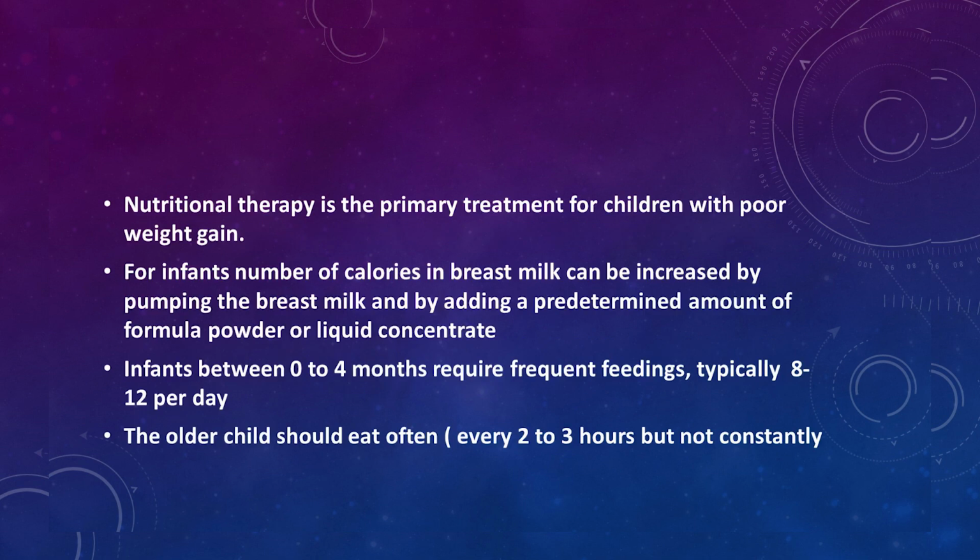Nutritional therapy is the primary treatment for children with poor weight gain. The main cause of underweight is malnutrition, or not getting good quality food and the nutritional requirement. So the main treatment is giving supplementation, good quality food and its nutritional requirement.